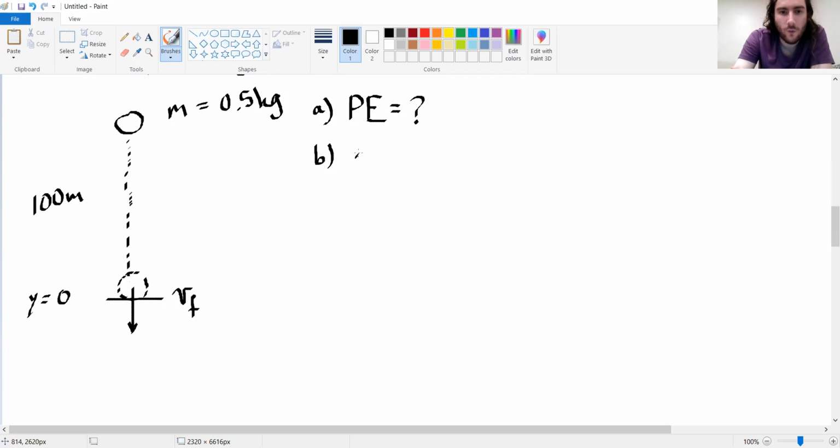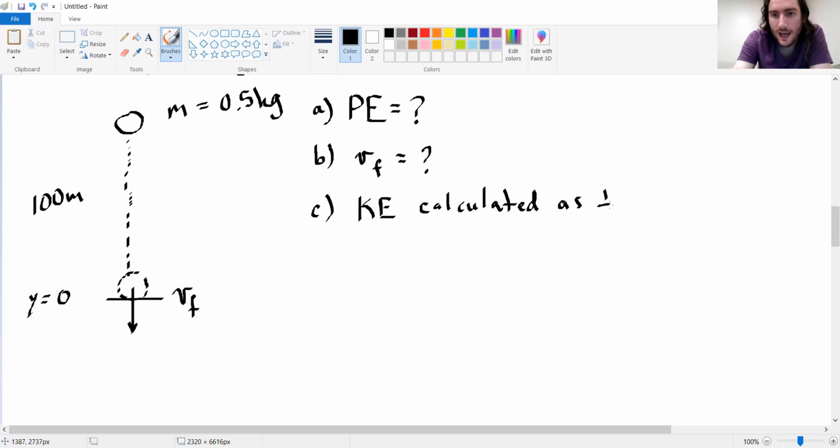Part B, what is its final velocity when it reaches the ground? Part C, what is its kinetic energy, calculated as 1/2 mv squared.